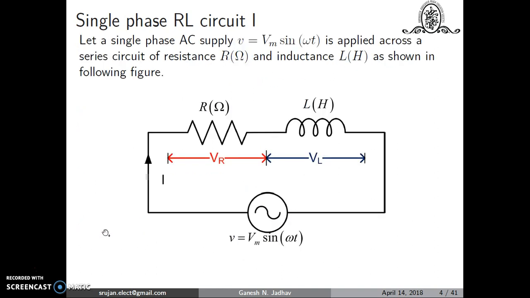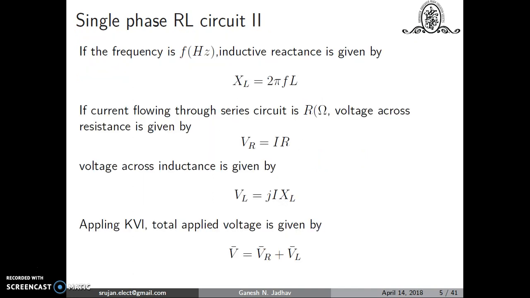Applying KVL in this loop, if V is the RMS value of this supply voltage, then V is equal to VR plus VL. It is not normal algebraic addition, it is vector addition. So V phasor is equal to VR phasor plus VL phasor.